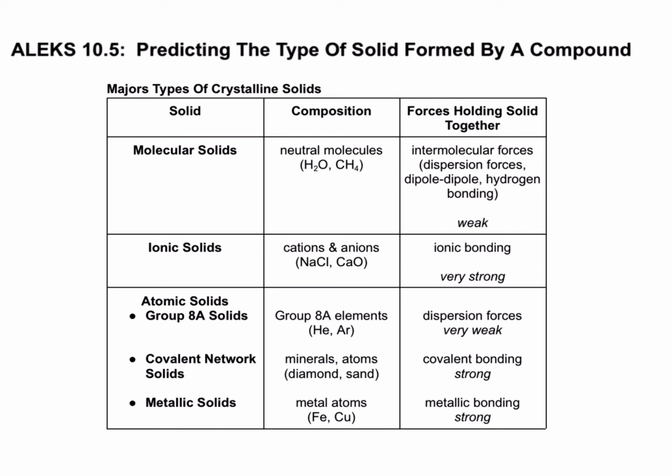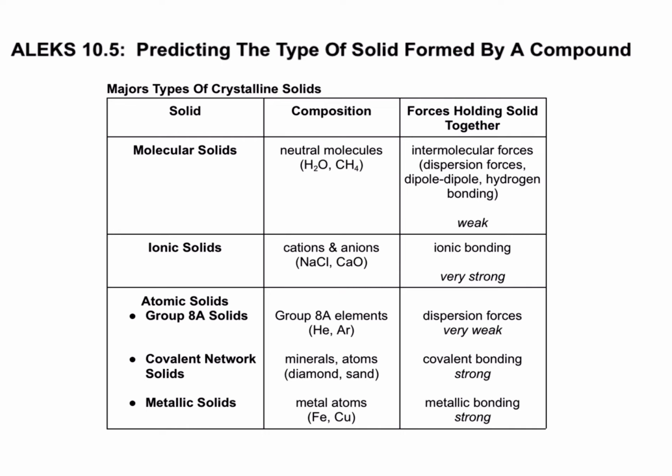The second type of atomic solid is called covalent network solids, and these are made up of minerals and nonmetal atoms, such as diamond and sand. And these solids are held together by covalent bonding forces, and they are considered to be strong forces.